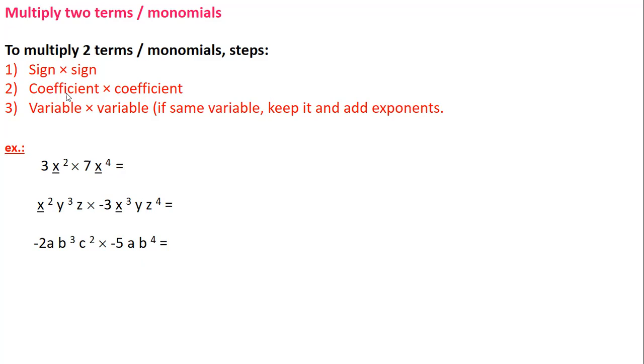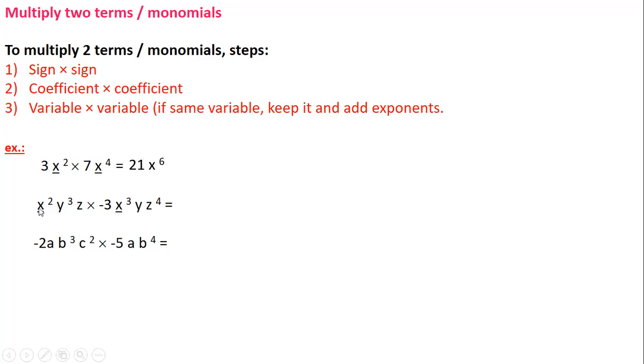And then we multiply the coefficient by the coefficient. 3 times 7, it is 21. Now the variable times the variable. Here the variable is x, the variable is x. So we keep the variable x and we add the exponents 2 plus 4. Of course, it is x to the power 6. So we get 21x to the power 6.